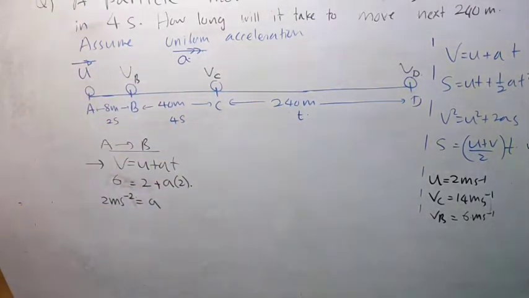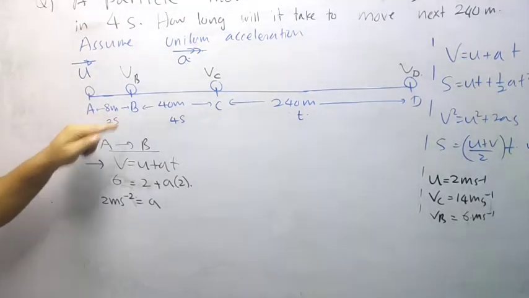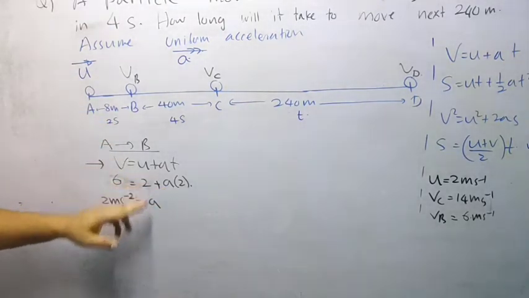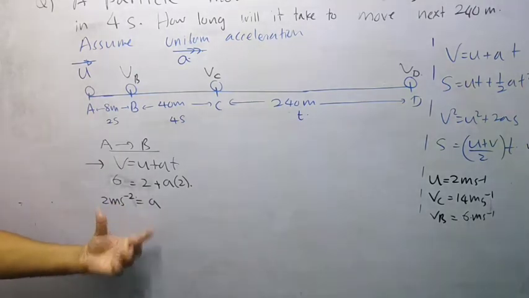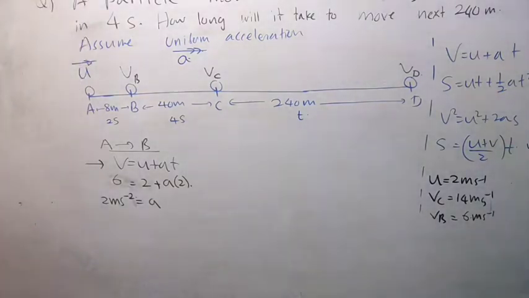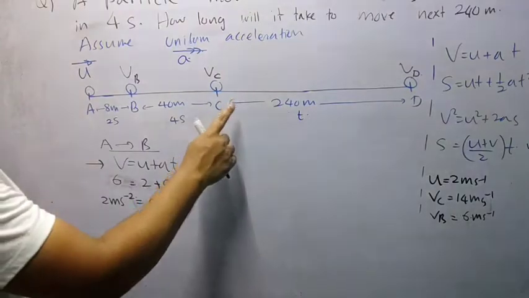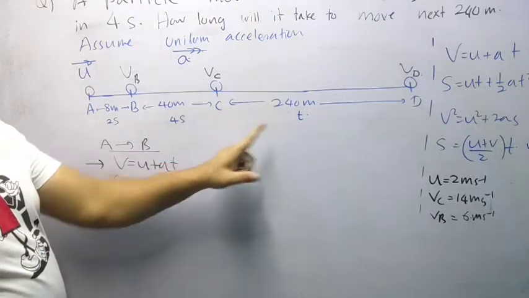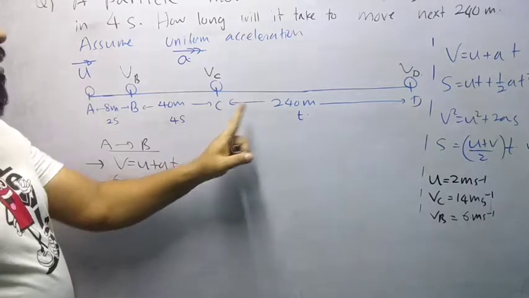We just found it, and we also found the initial velocity. We know the time, so we can find A. So when you use this equation, we get A equals 2 meters per second squared. This is the acceleration. Now based on this, we can use S equals ut plus half at squared to find the time that takes the particle to go from C to D.